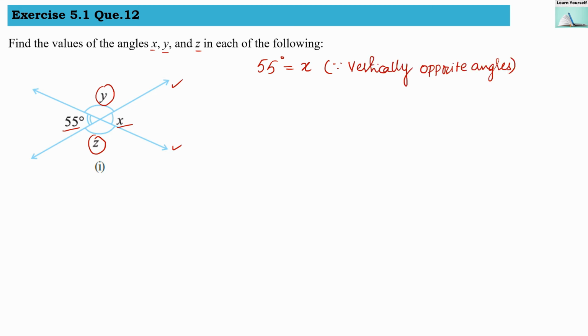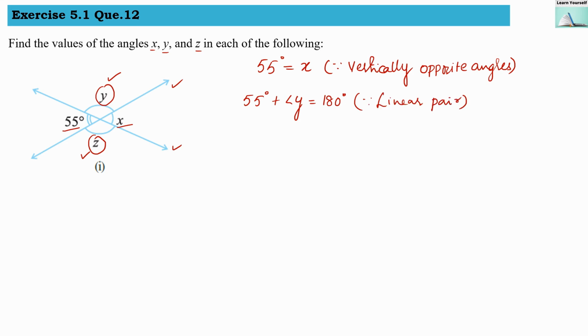We have to find out angle Y or angle Z. Either of these angles we can find out first. Angle Y and the 55 degree angle are making a linear pair. 55 degrees plus angle Y equals 180 degrees because they are forming a linear pair here.